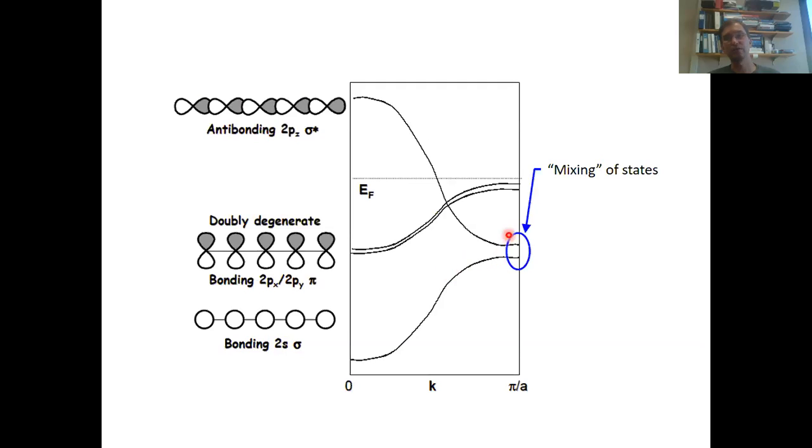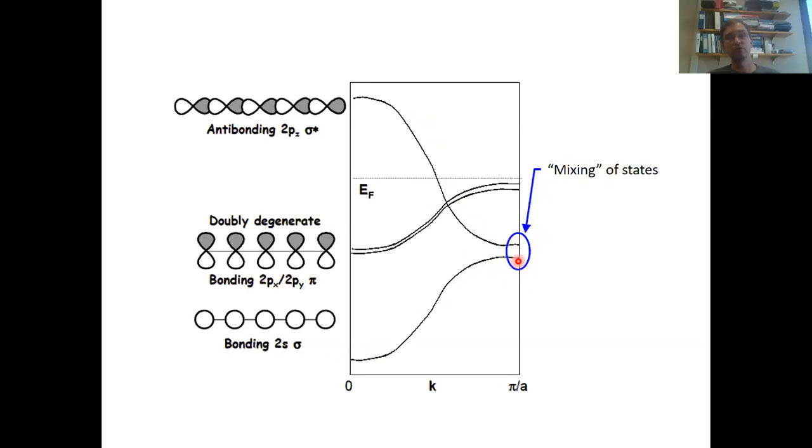Due to the mixing of the bands, they bend away from each other so that they do not cross. This is another point that you have to keep in mind when you construct band structures. You must avoid that bands that have suitable symmetry to interact with each other cross.